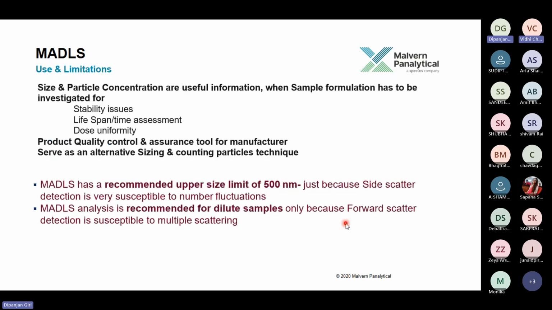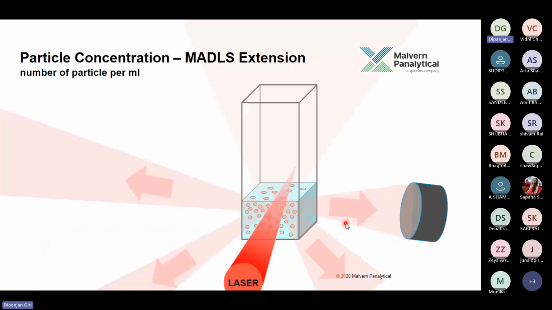Because forward scatter detection is susceptible to multiple scattering. Besides this, MATLAB provides a good resolution, and it not only enhances the resolution in the size distribution, it also gives very good information in that it is able to provide the concentration of the sample.